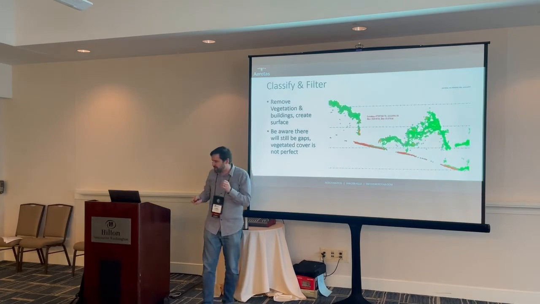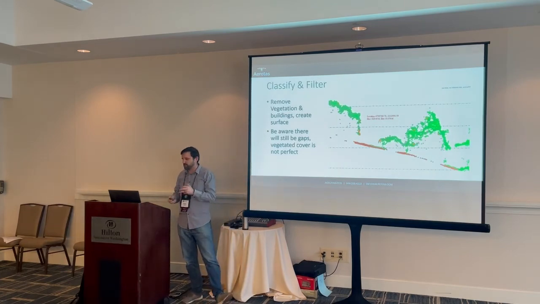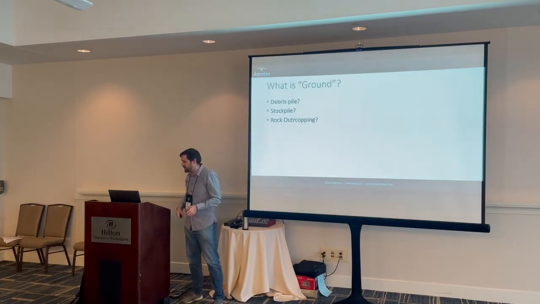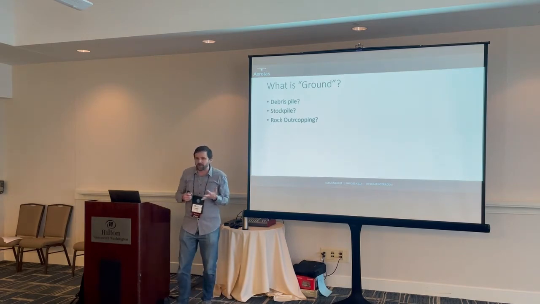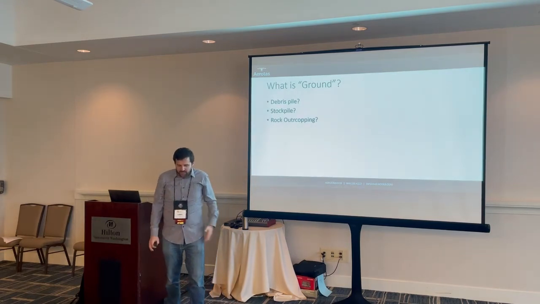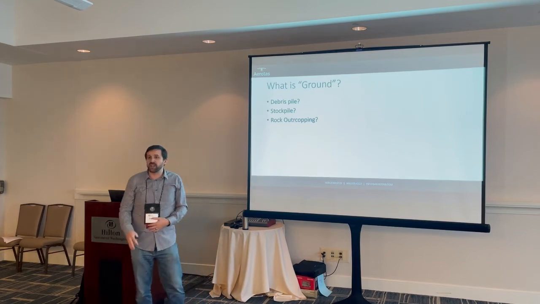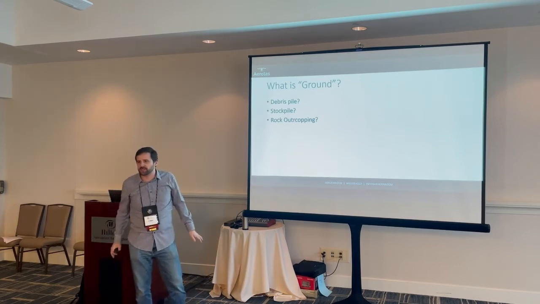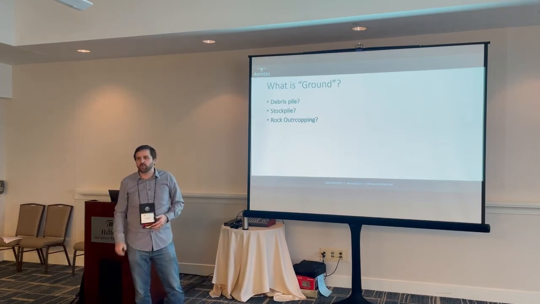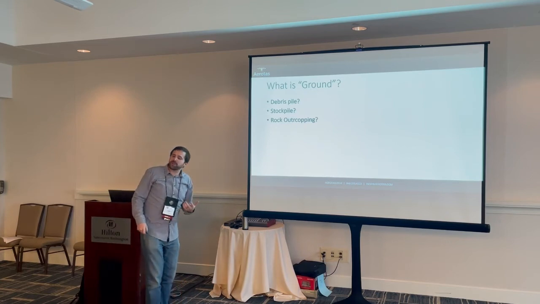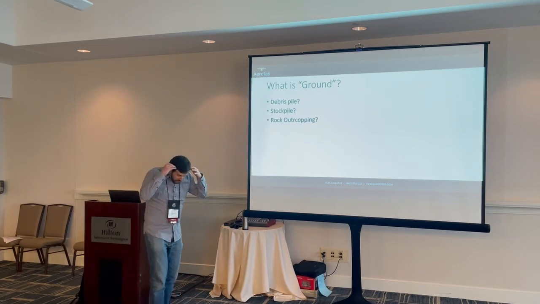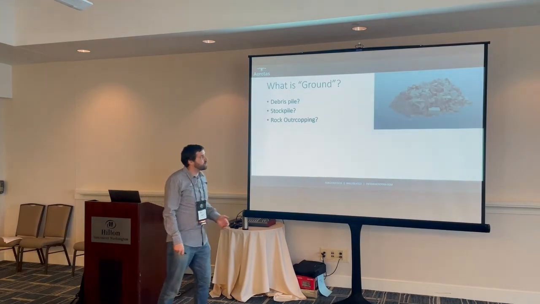So let's talk about actually identifying ground surface. And one of the weird questions that you have to ask with this is, what is ground? These automatic classification routines try and find a ground surface. And in 95% of circumstances, what is ground versus what is an object is pretty clear. But there are a lot of edge cases, starting with a debris pile.